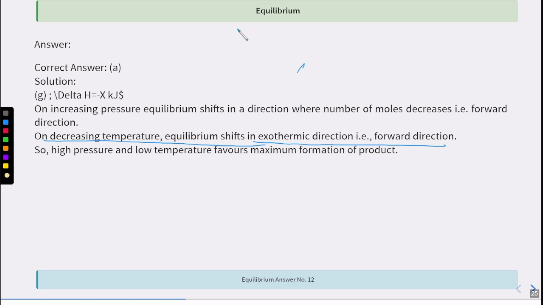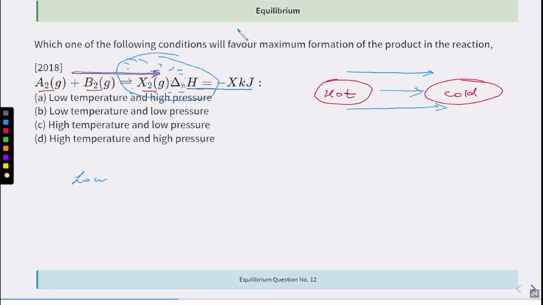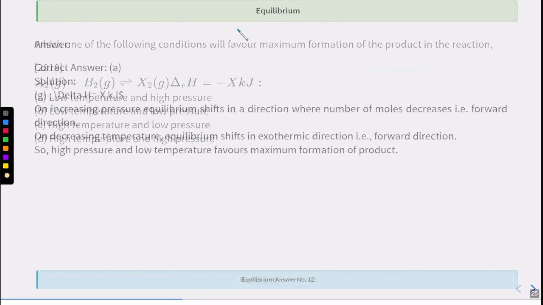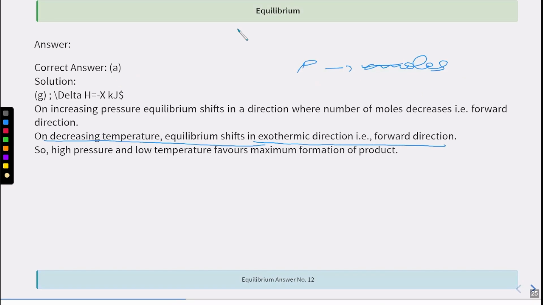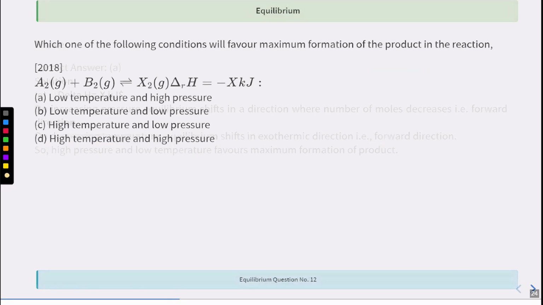It's a very direct relation between pressure and moles, right? Now, keeping that relation in mind, we go where we have fewer moles. And so it will become an application of low temperature and high pressure, right? So that is obviously your option A.